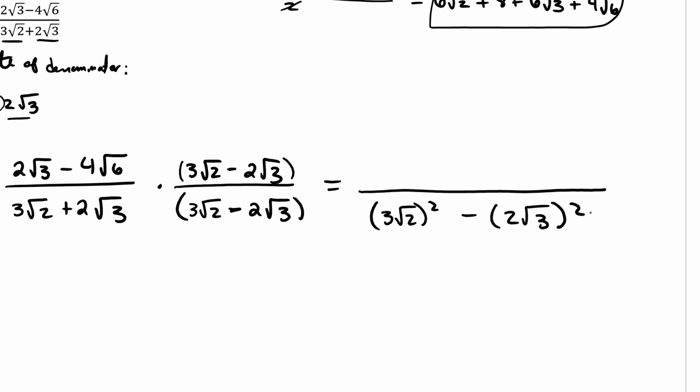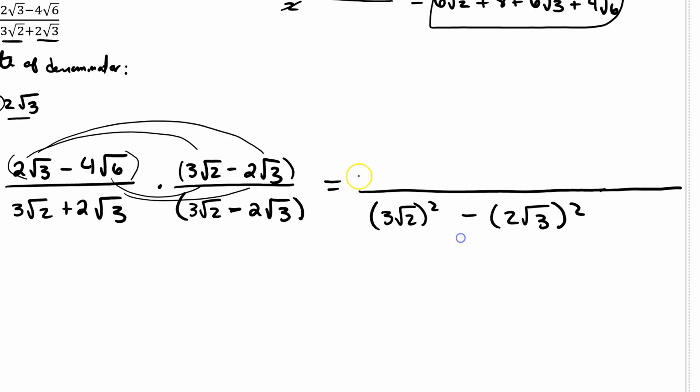And now I'll use the distributive property for the binomial to binomial. Actually, I'll write out all the steps, the long version. So I have 2 root 3 times 3 root 2, minus 2 root 3 times 2 root 3.